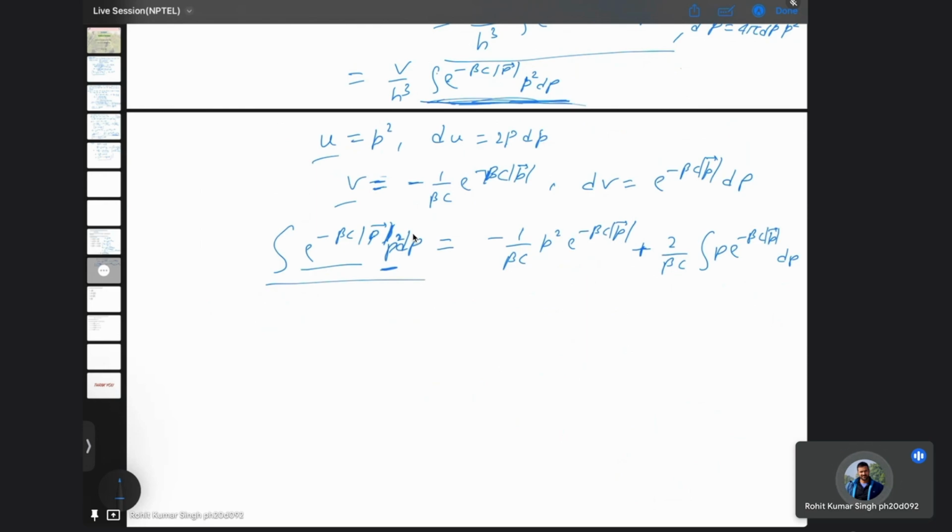So this is the first integration by parts. Then you again have to do the integration by parts for this. Okay, so let's do that.